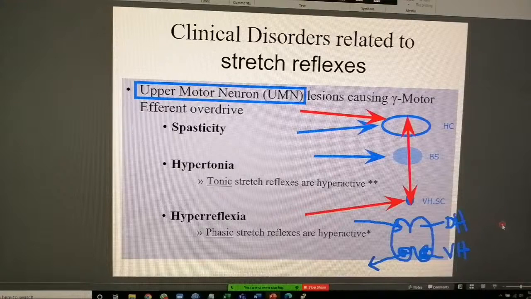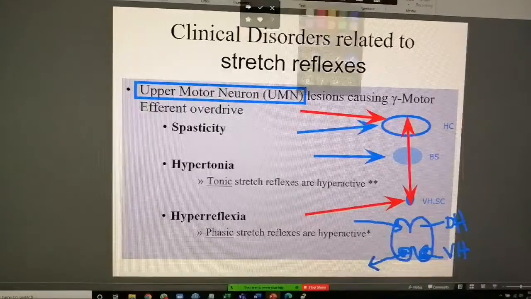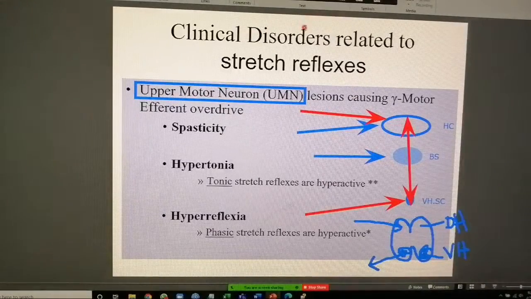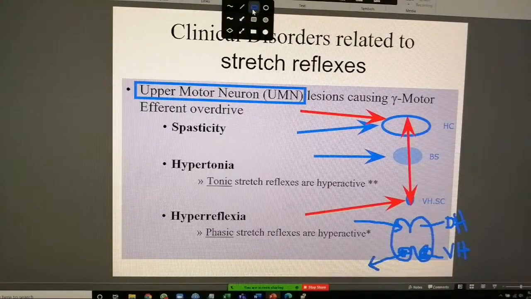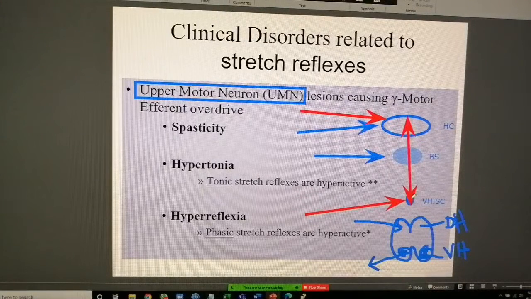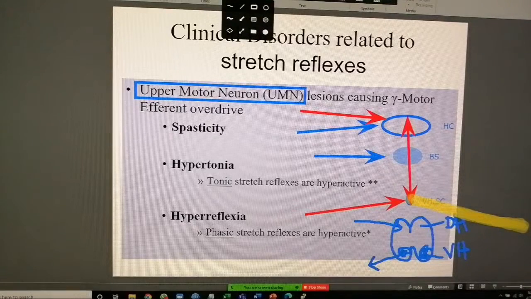Let me just draw it here with yellow. This here is the lower motor neuron.